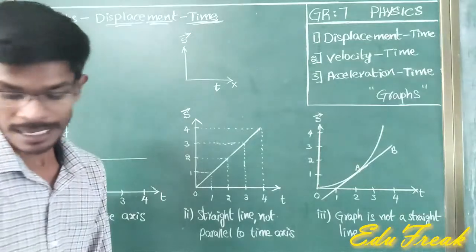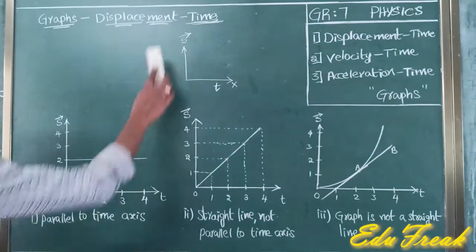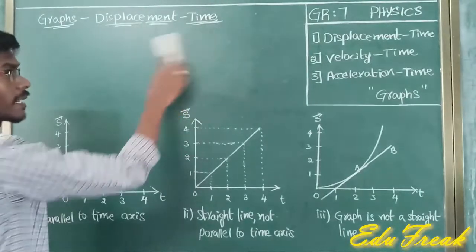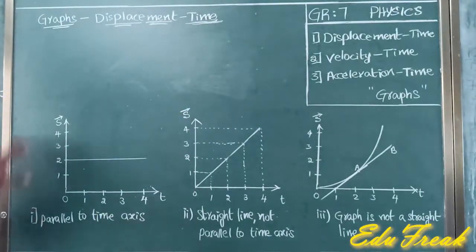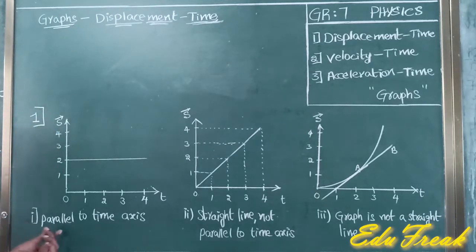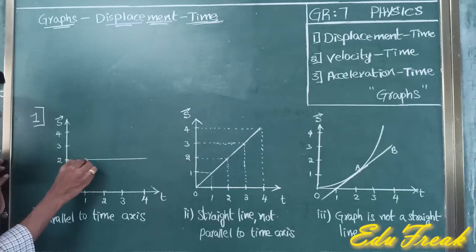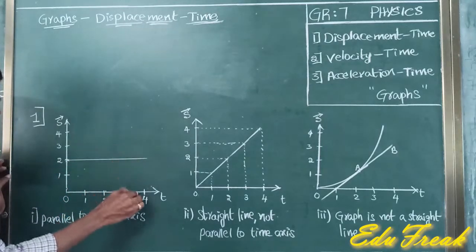So what are the different types of graphs we have in the displacement time graph? Observe here. The first graph is a straight line parallel to the time axis.